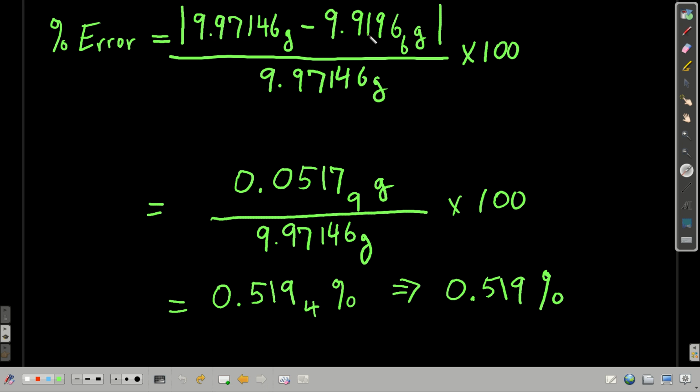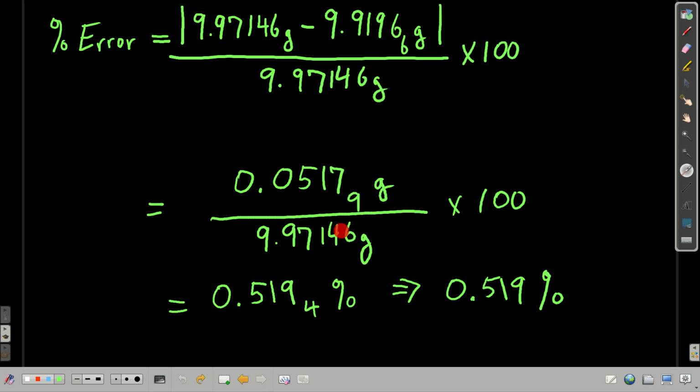In this one, it's 1, 2, 3, 4 to the right of the decimal. This number is less precise than this, so we get to keep 4 places to the right of the decimal in the subtraction. And that looks like this for my made-up numbers: 0.0517, that's 4 to the right of the decimal, remember, 1, 2, 3, 4, and our first insignificant figure is a 9, which we keep.